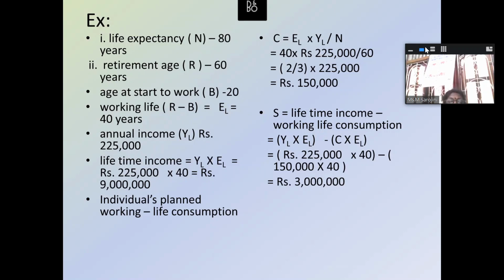Therefore, the annual income is given as 225,000, altogether 9,000,000 is the lifetime income. This will be utilized until his death. His living period is 80 minus 20, 60 years.